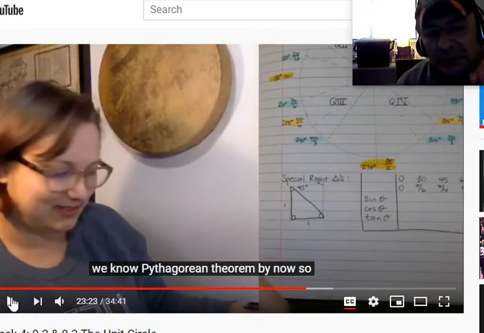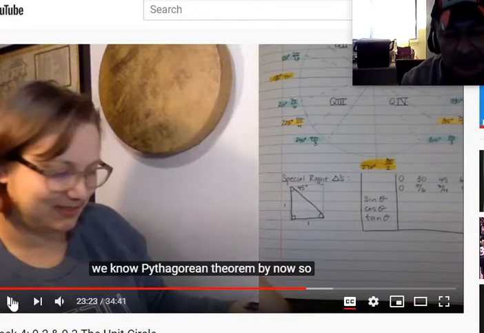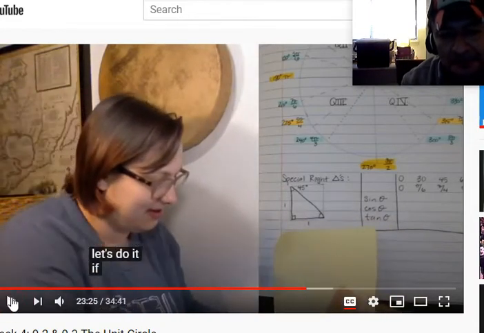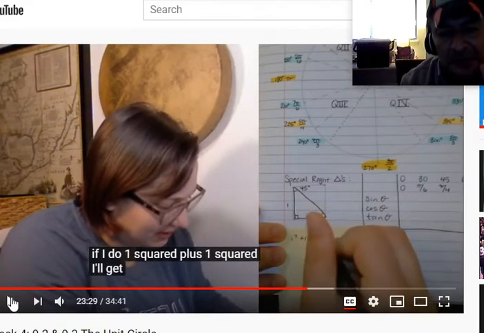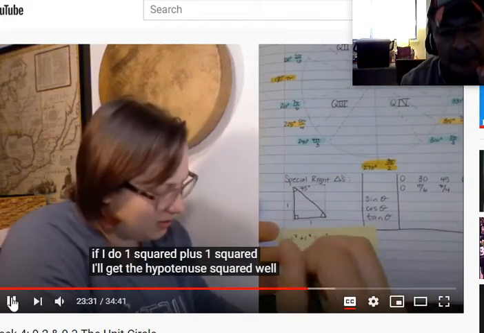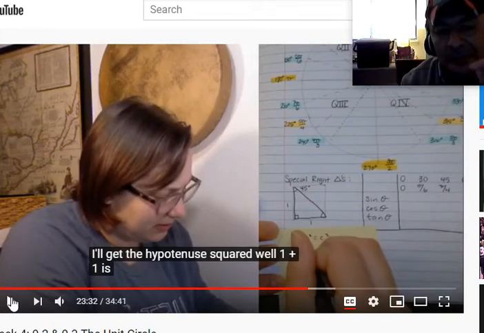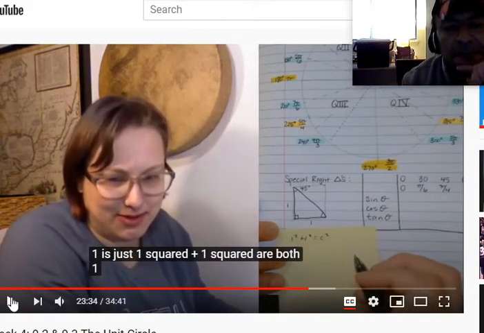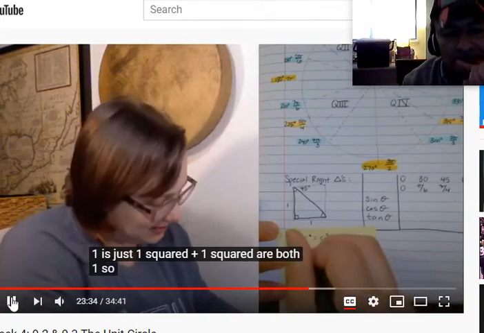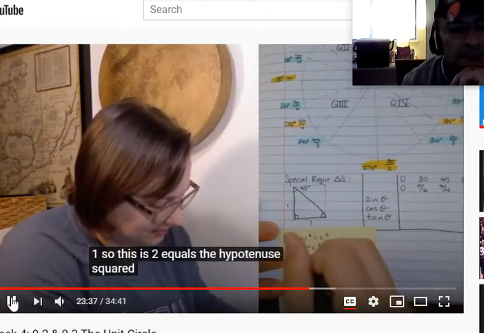We know the Pythagorean theorem at this point, so let's do it. If I do 1 squared plus 1 squared, I'll get the hypotenuse squared. Well, 1 squared and 1 squared are both 1, so this is 2 equals the hypotenuse squared.